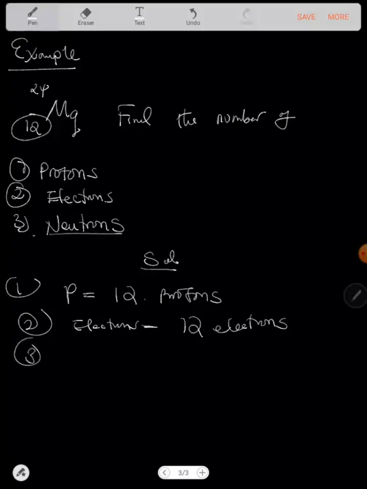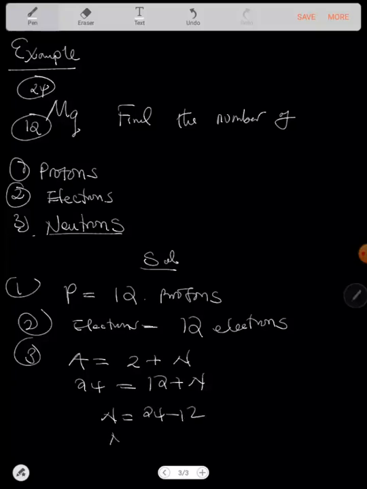The neutrons. Remember what we said, that A is equal to Z plus N. N is for neutron, isn't it? We have A, which is the number there on top, 24, equal to the Z, we have it already, it's 12, plus N. That means N will be equal to 24 minus what? 12. So N, which is the neutron number, is 12. So we have 12 neutrons. That's how you find it.